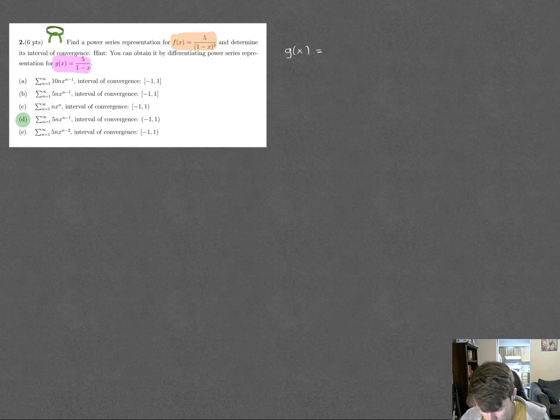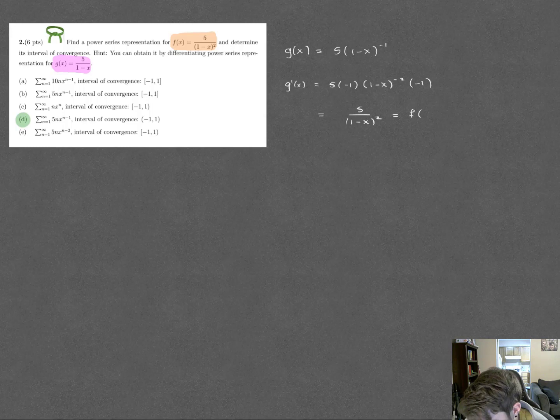And now, if you don't believe me, g of x is equal to, well, 5 times (1 minus x) to the minus 1. I'm going to differentiate this using chain rule. So this is 5 times minus 1, (1 minus x) to the minus 2 times minus 1, and voila, we have f.